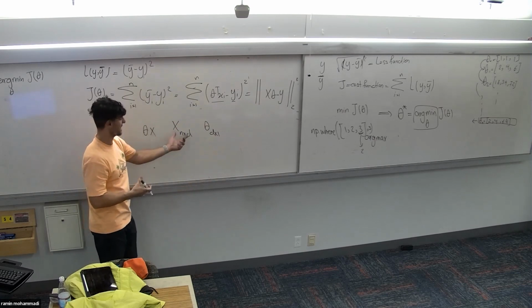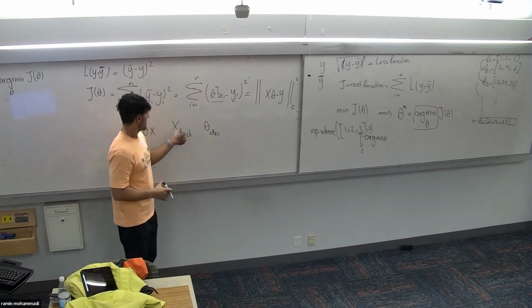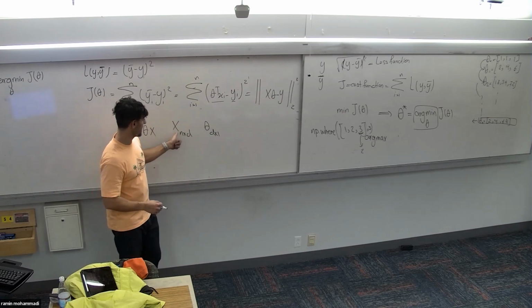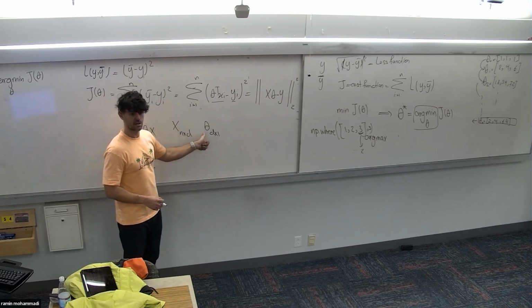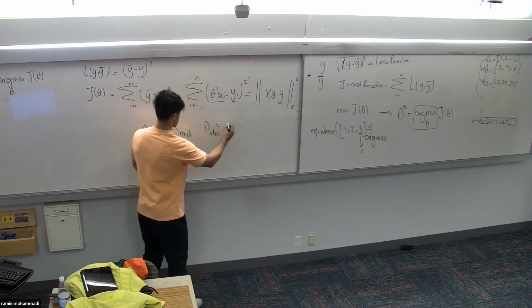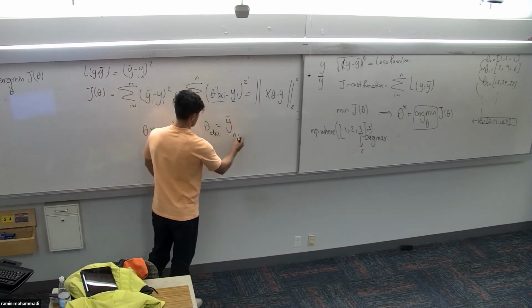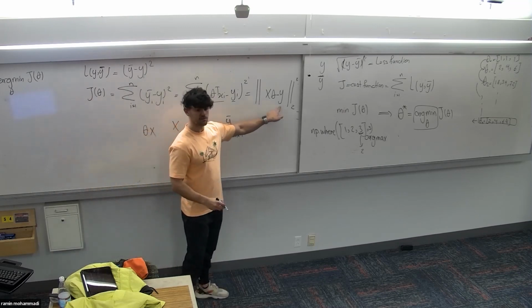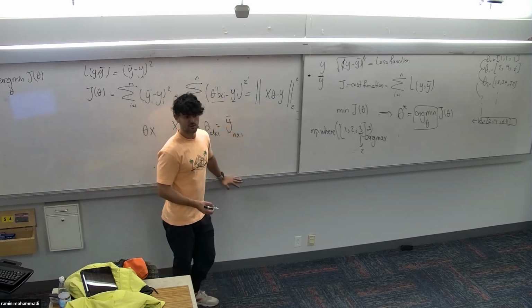I know this multiplication should produce n values. How will that happen? If I put x first and theta after. This times that produces y hat, which is n by 1. N by 1 minus y, which is n by 1, to the power of 2, right?